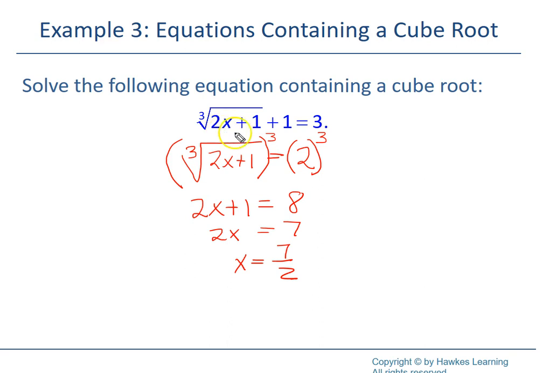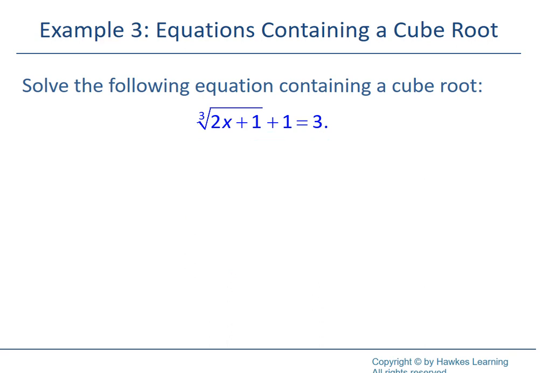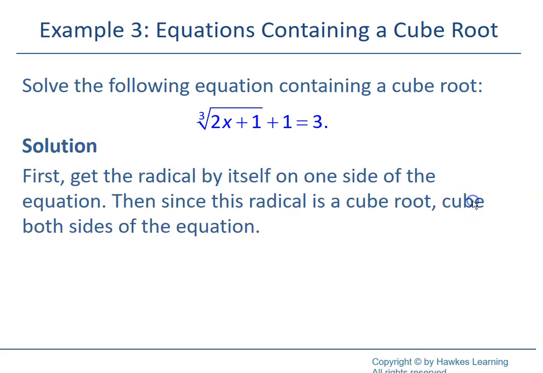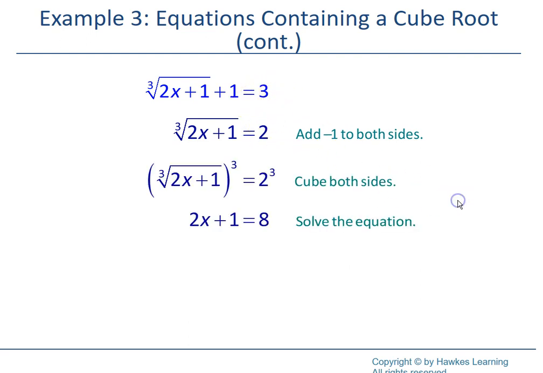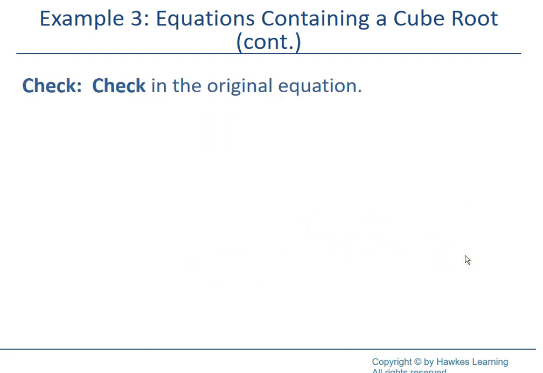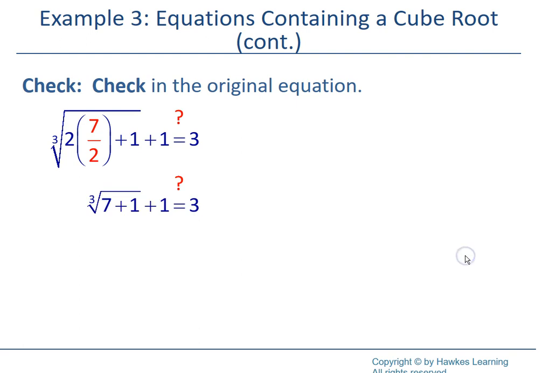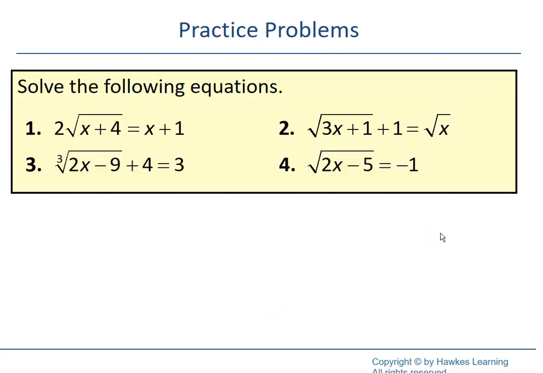So even though it may have looked challenging, that's the techniques we've developed, and of course there's a lot of arithmetic in watching your signs and doing the proper things here. So we've transposed the 1, we cube both sides, and we get this as our solution. Now if we put that in our original equation, 3 does equal 3, so that is the solution.